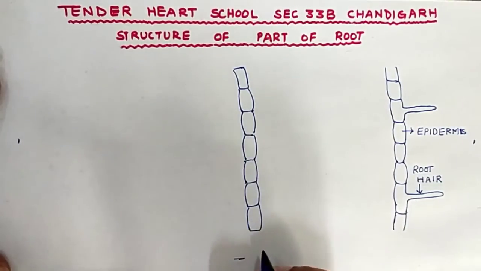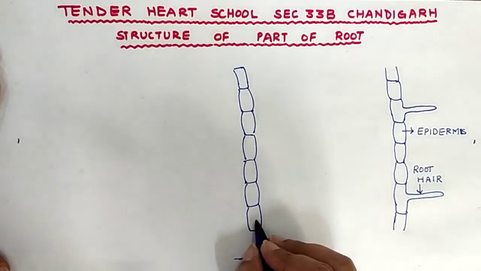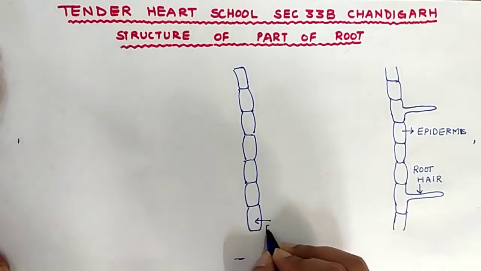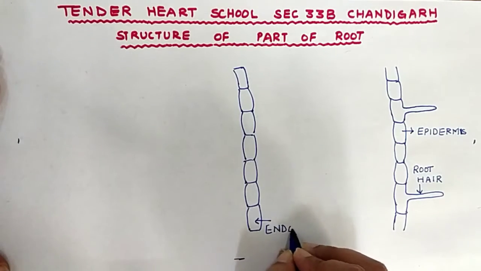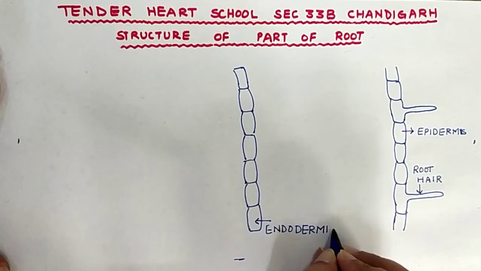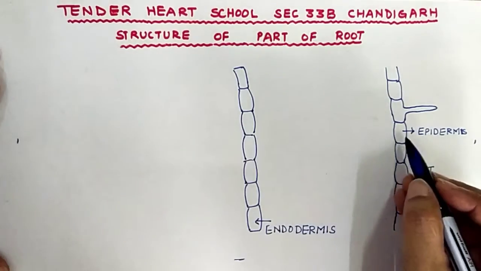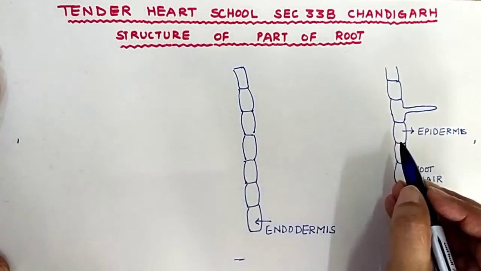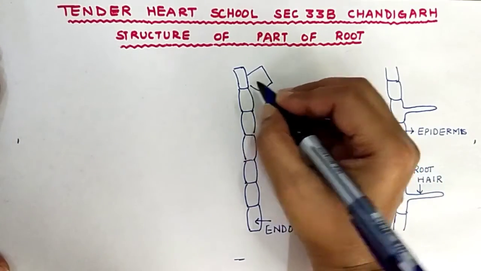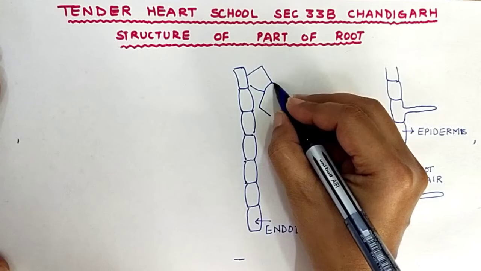So this layer is of endodermis. Now this is epidermis and this is endodermis. In between the two layers we have the parenchymatous cells which are forming the cortex.